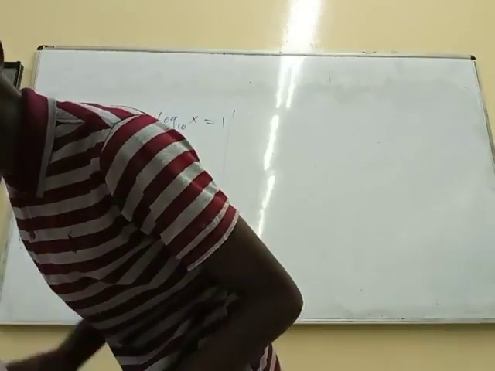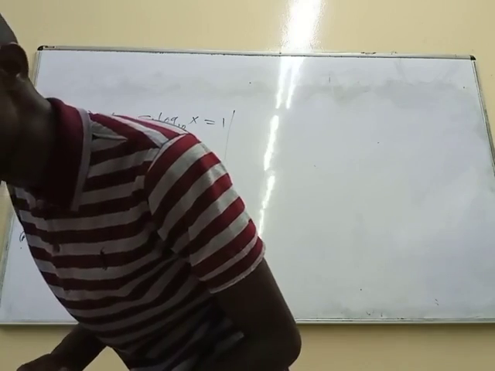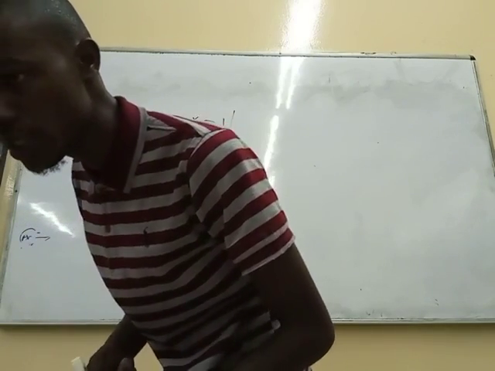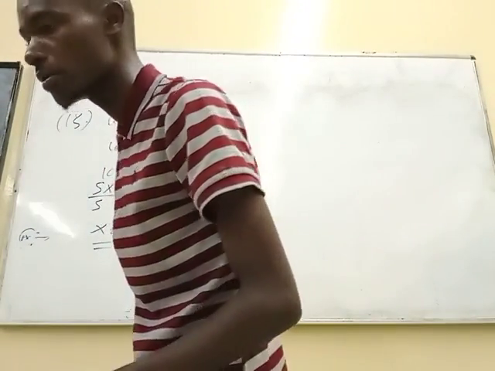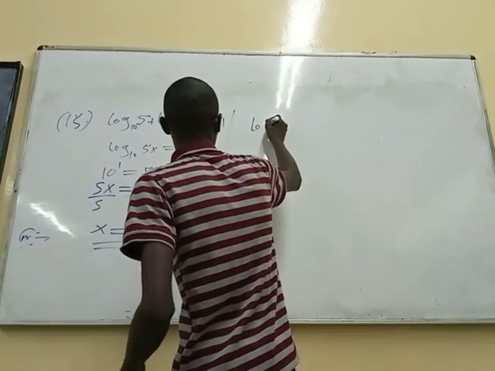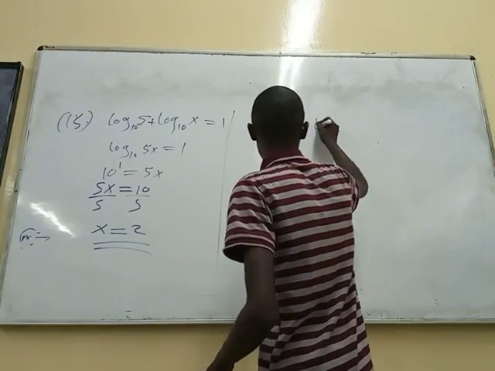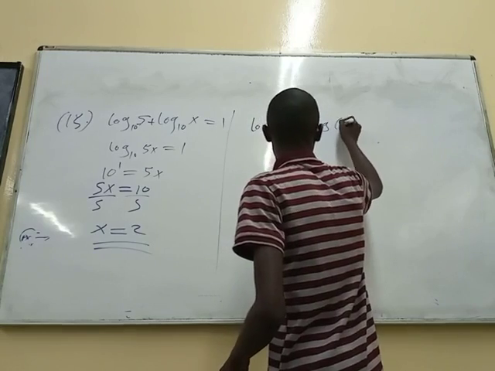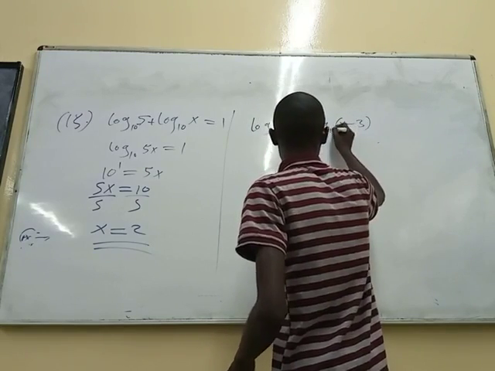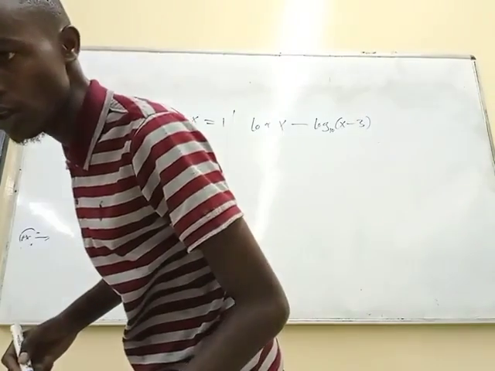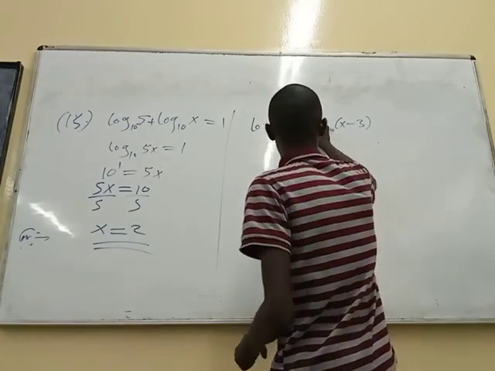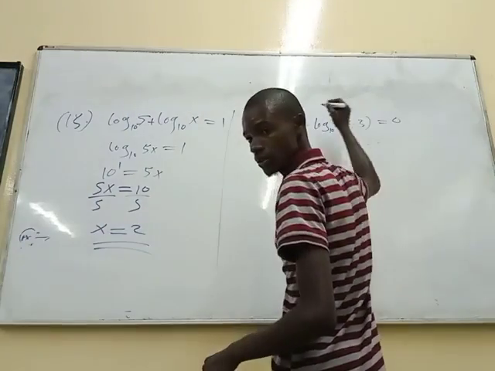We do the second question. Log x base 10 plus log x minus 3 base 10 is equal to 1.